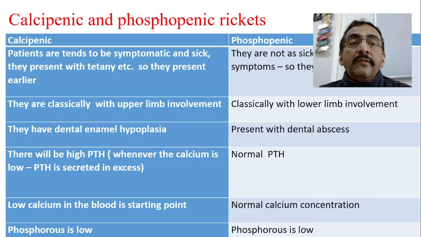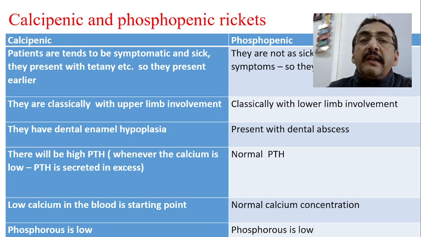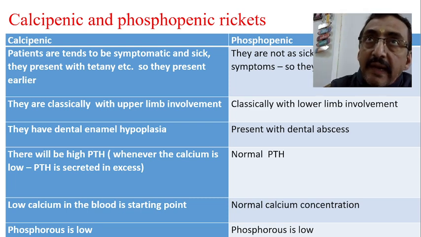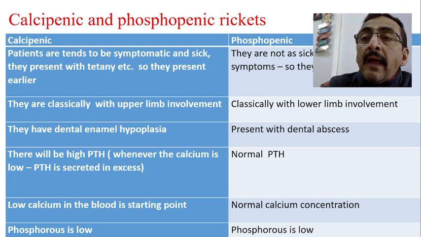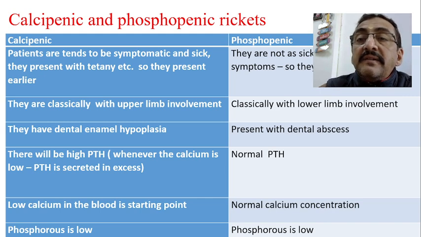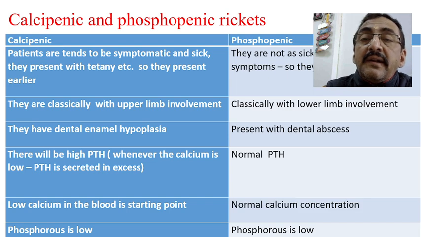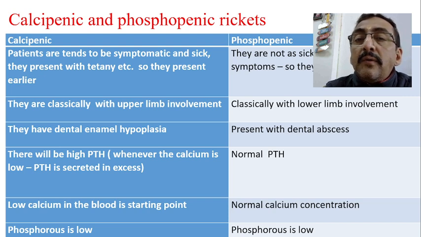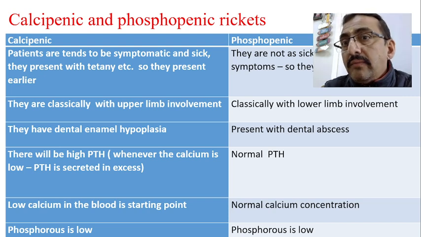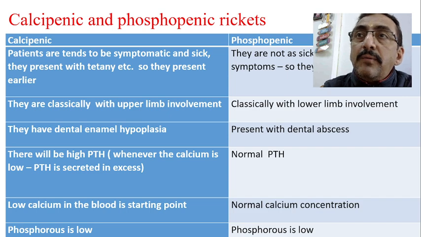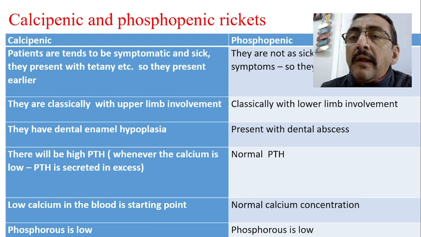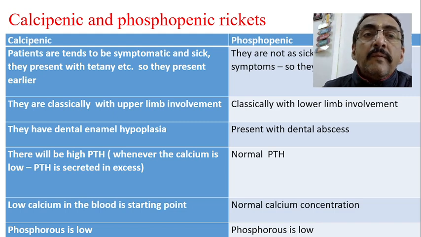See, these are the symptoms of calciopenic rickets and phosphopenic rickets. In calciopenic rickets, the patients tend to be symptomatic and sick, and they present with tetany, Trousseau's sign, etc. So they present earlier to you. They will report to the doctor earlier because they will have a lot of problems like tetanic convulsions and all those things.